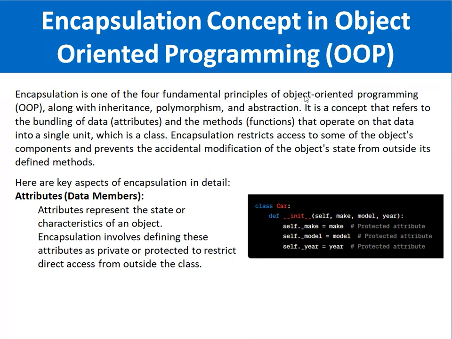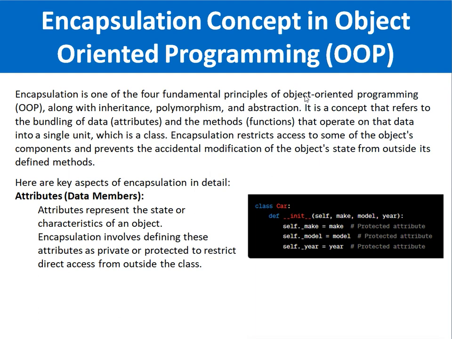So basically, the main concept of encapsulation is that a class has two things: data, like attributes, and methods, behavior and functions. Whenever we talk about data, we are referring to the attributes. For example, a car has an attribute that it has a blue color, it has a make, a model. So these are the attributes.